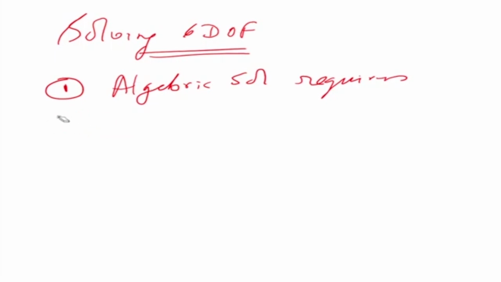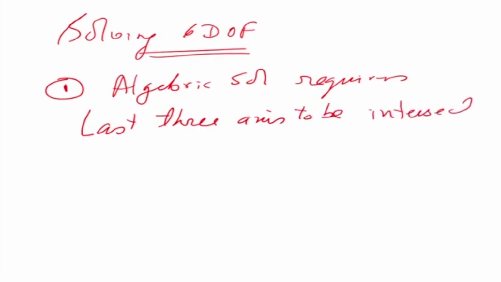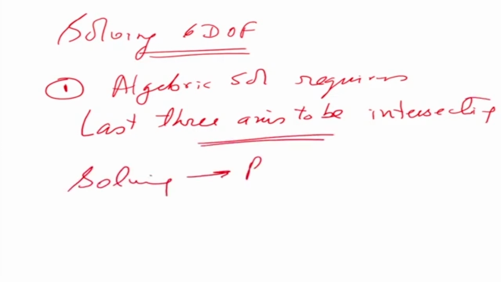This is a very important theorem. And this method of solving is called Piper's solution for 6-degree-of-freedom systems.